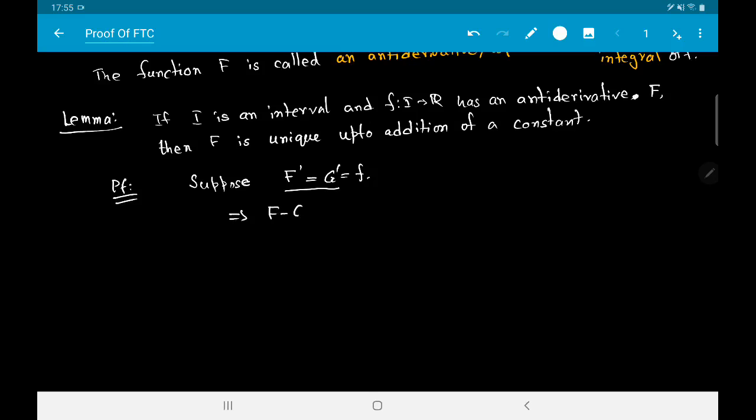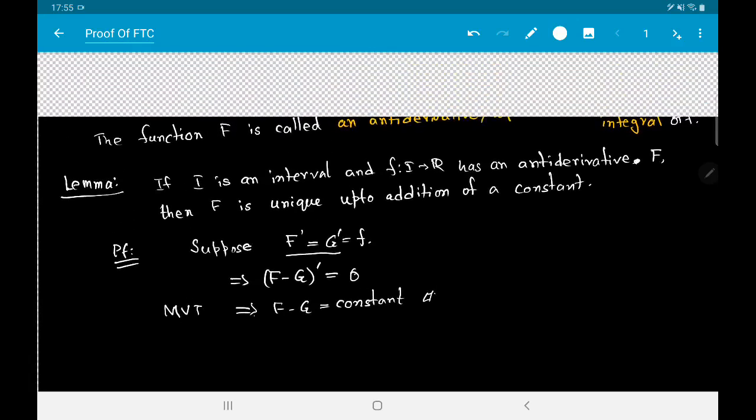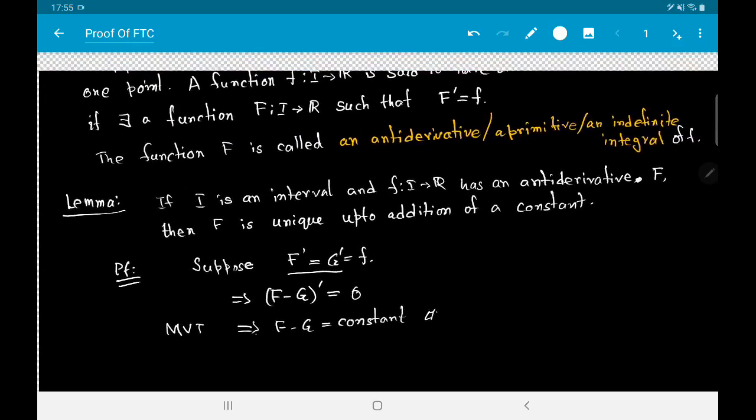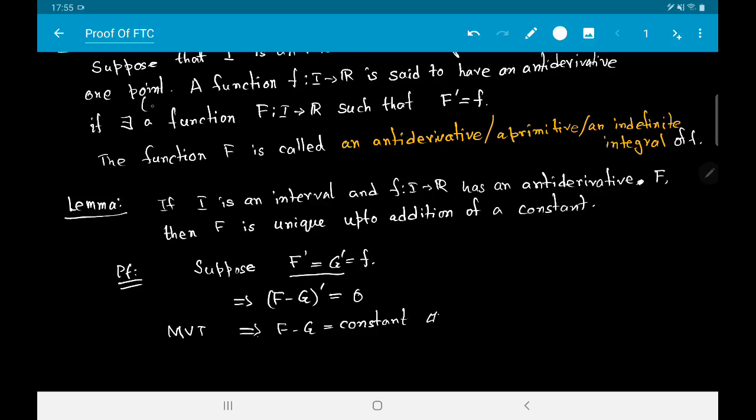This says that (F minus G) prime is equal to 0, and we can allude to the mean value theorem again, which will prove that F minus G is a constant. So this proves the thing. What I have forgotten here, for the sake of being totally correct, is that we could say there is a differentiable function.